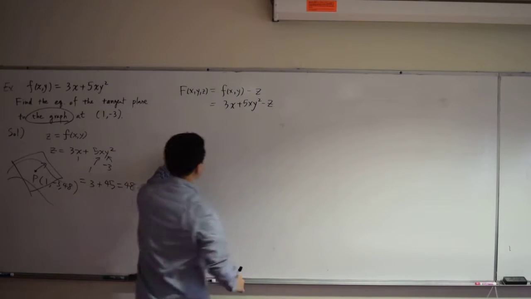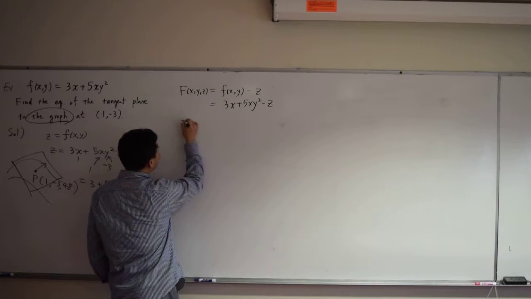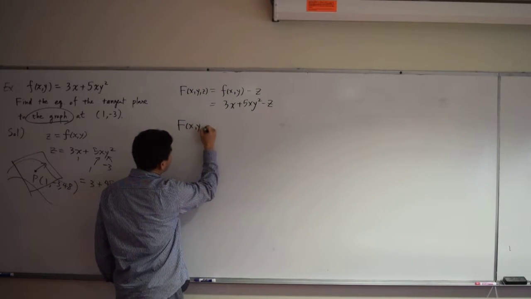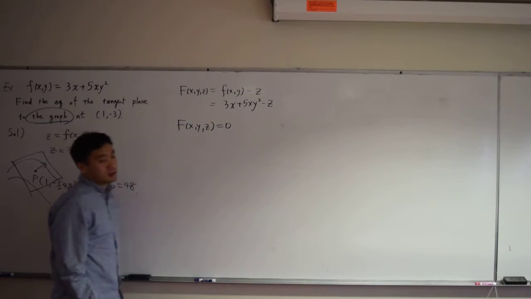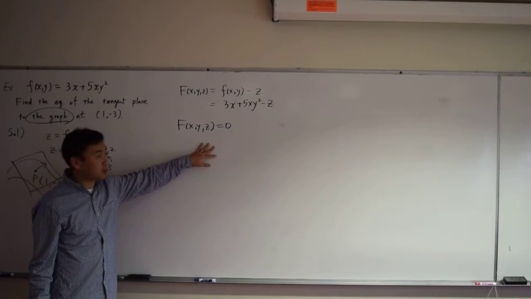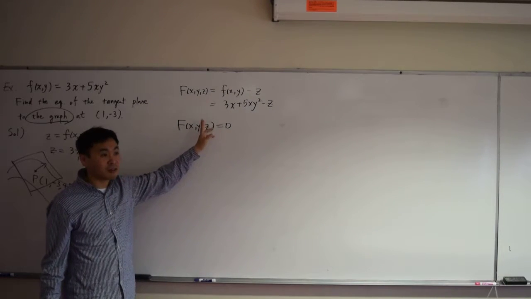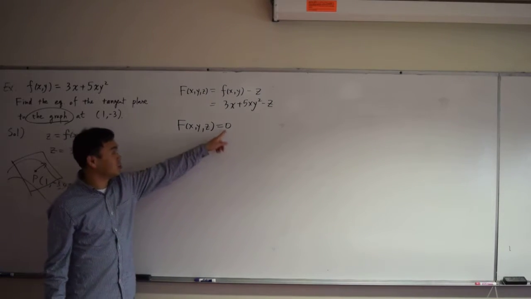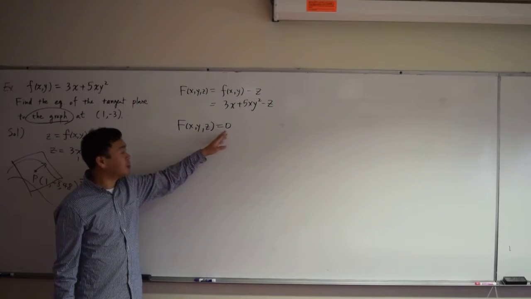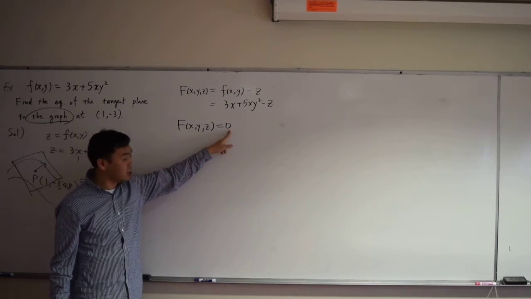Okay? Now, why do we want to do this? We want to do it because if I set F(x, y, z) equal to 0, first of all, this is a level surface because I'm setting a function equal to a constant. So it's a level surface of this function at level 0. This could be 1, 2, 3, 4. But among all the possible values I can put on the right side, I'm interested in 0.